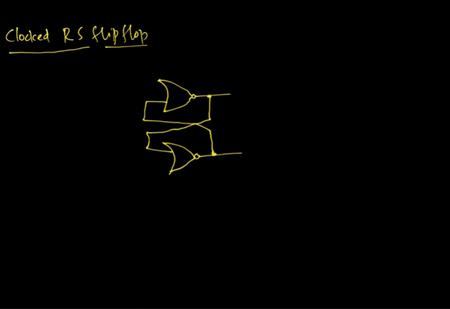And the other two inputs are the inputs which we are applying externally. If there is a time delay between the application of these two inputs, which will result in wrong outputs, to avoid it we will use an AND gate here. Here also we will use an AND gate.